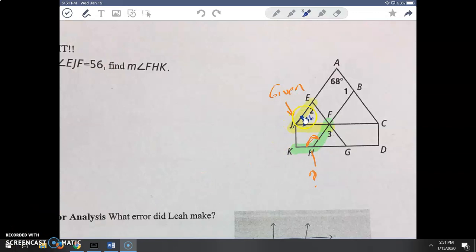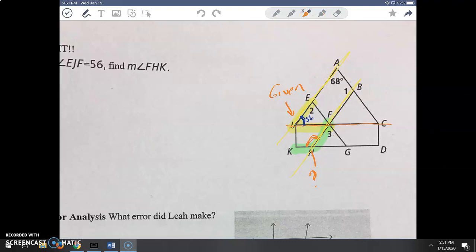All right, so angle 56 right here is actually going to be an alternate interior. Our parallel lines are this one and this one in this situation, and our transversal is this line right here.